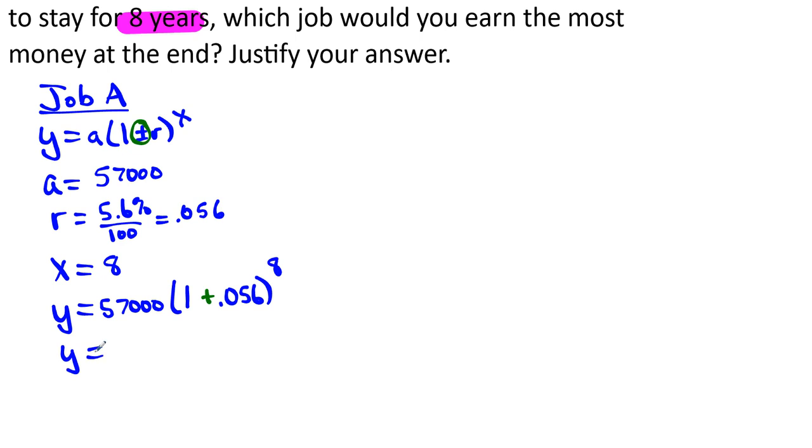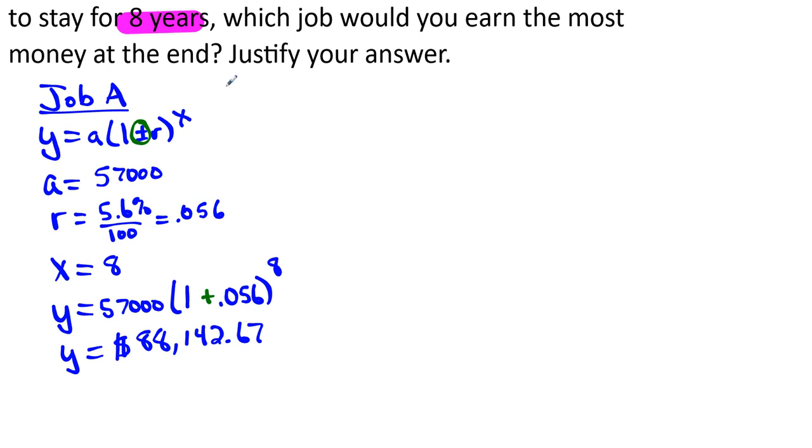So do your calculator work: 57000 times 1 plus 0.056, raised to the 8th power. We get, are we talking about money? Yeah, we are. So it would be $88,142.67. We're rounding to the nearest cent because literally in a job, every cent counts.